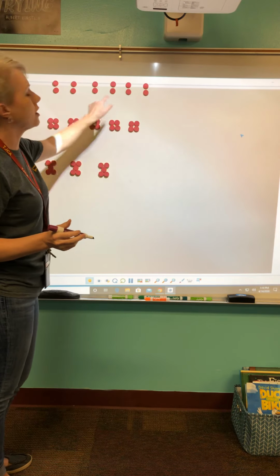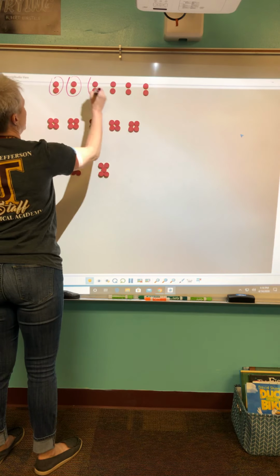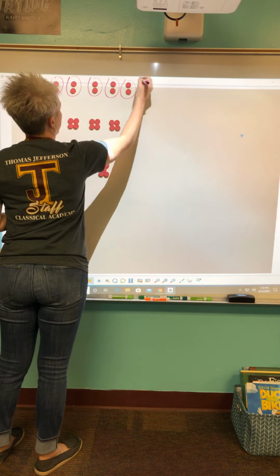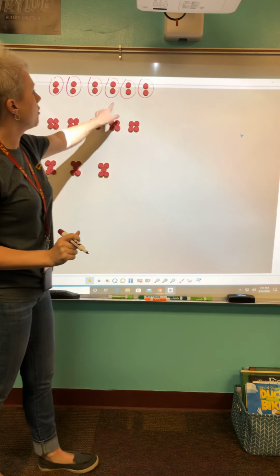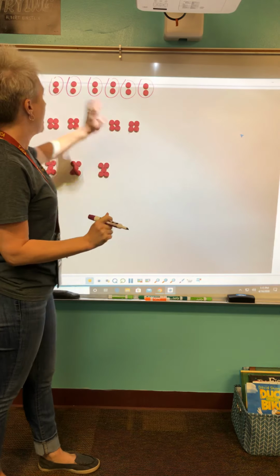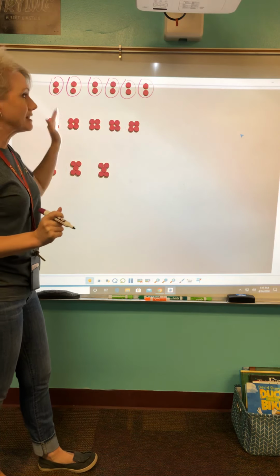I have groups of 2. So let's circle up my groups of 2. Alright, so I have 1, 2, 3, 4, 5, 6 groups, and each group has 2. That's the same thing as adding 2 6 times.